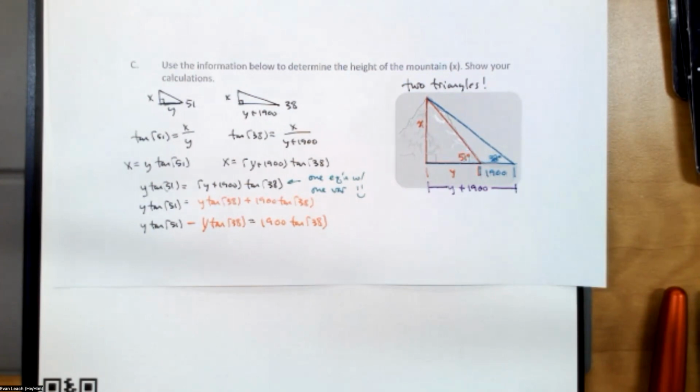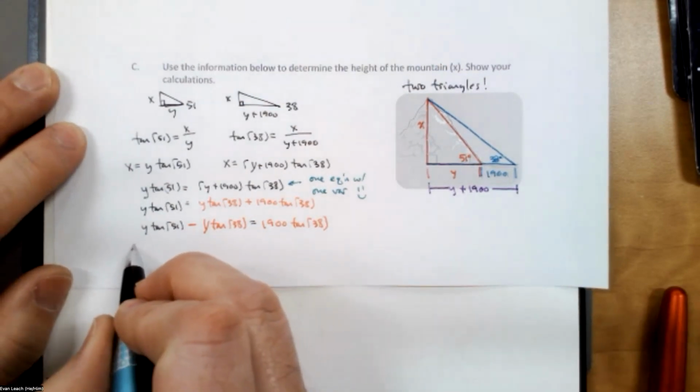Now on the left, I've got two terms with a y in it. I'm going to add those terms together. It's going to look like I factored out the y, but if I had 5y minus 2y, I would write 3y. The 3 comes from subtracting the 5 minus 2.